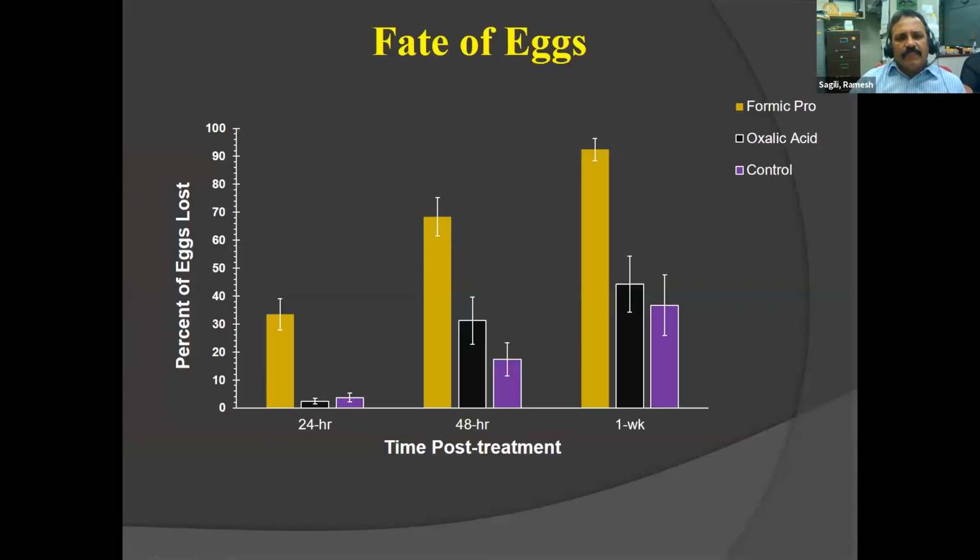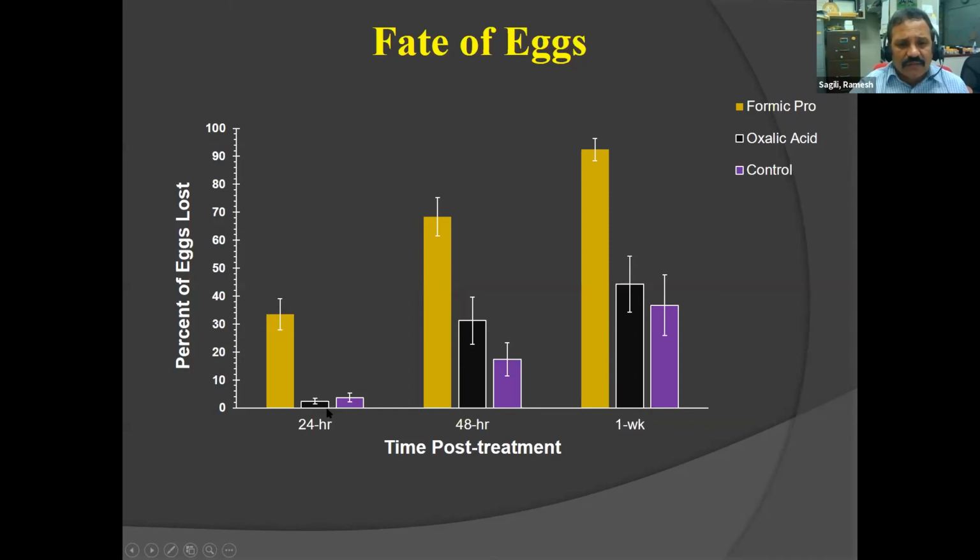So here are the results for that study. We looked at the fate of eggs. We wanted to see if the eggs are impacted by oxalic acid vaporization. You can see the percentage of eggs lost here on the y-axis and the time period here. After 24 hours, you can see formic acid has impacted about 35% of the eggs, which were gone.